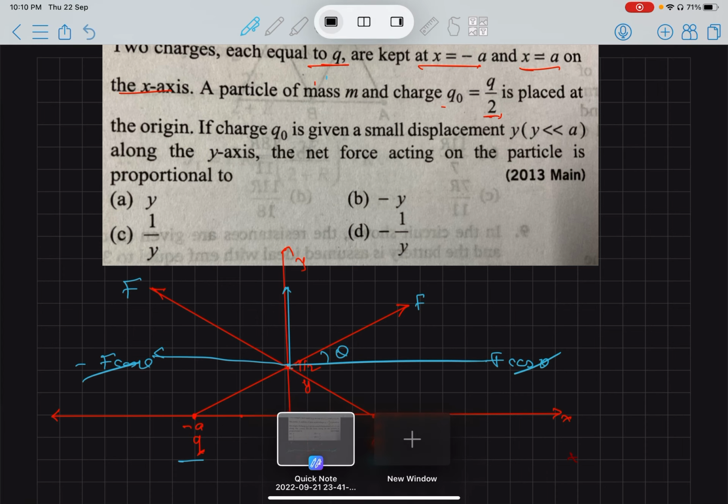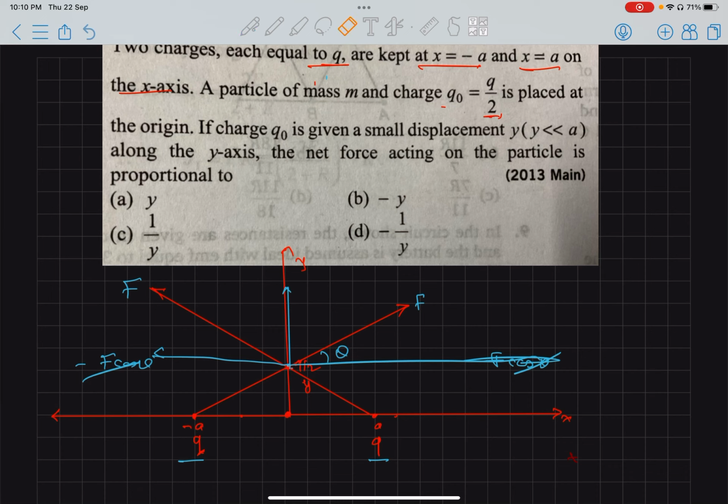Now what we are left with is F sin theta. So if this is theta, we have here 2F sin theta.